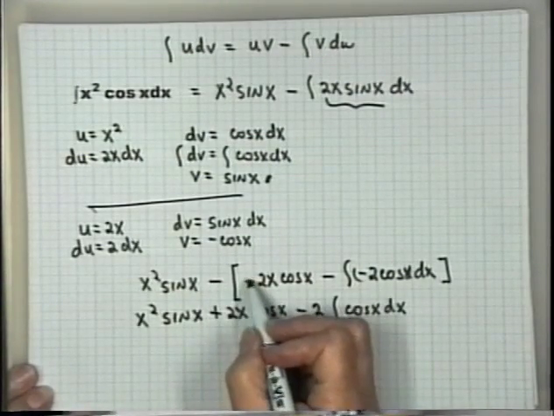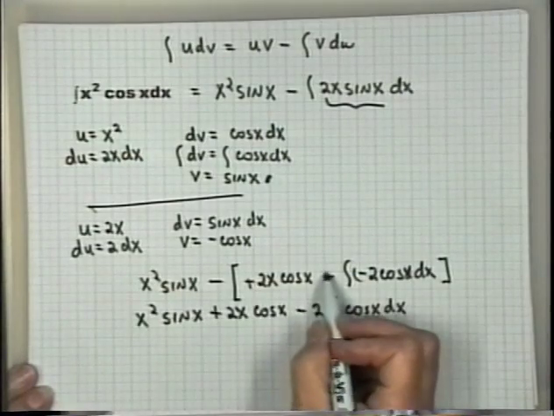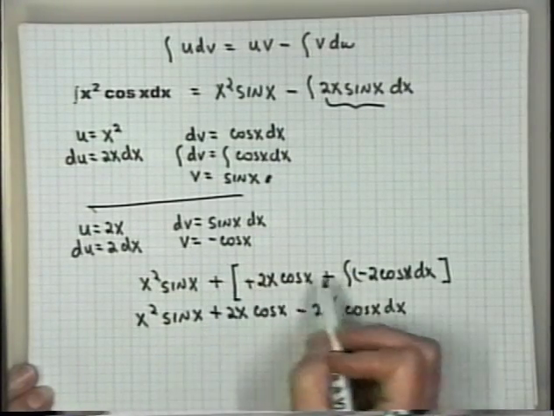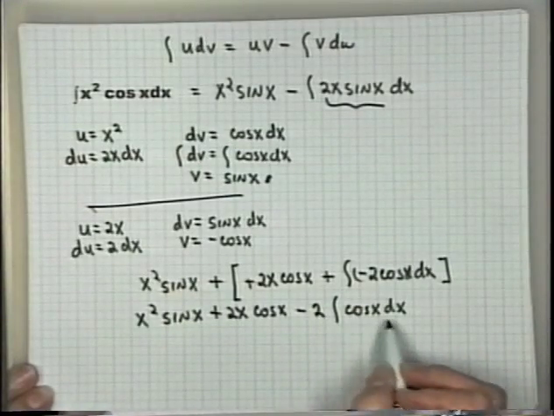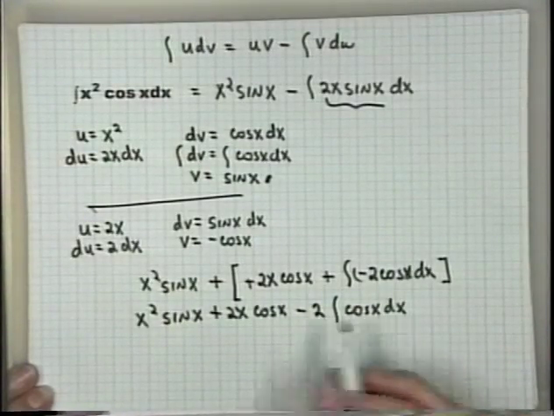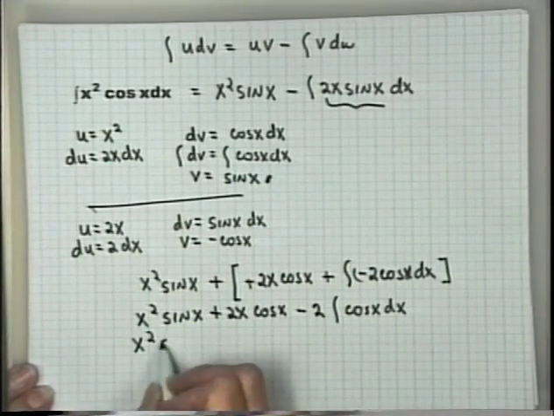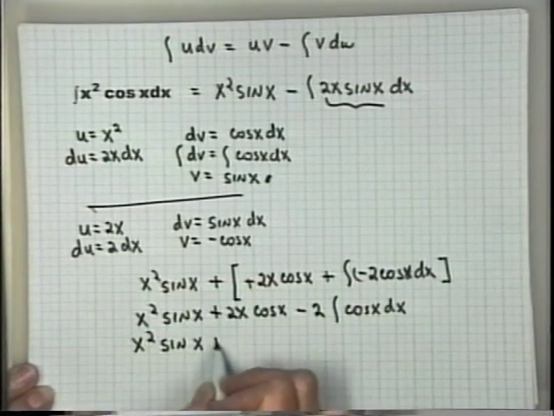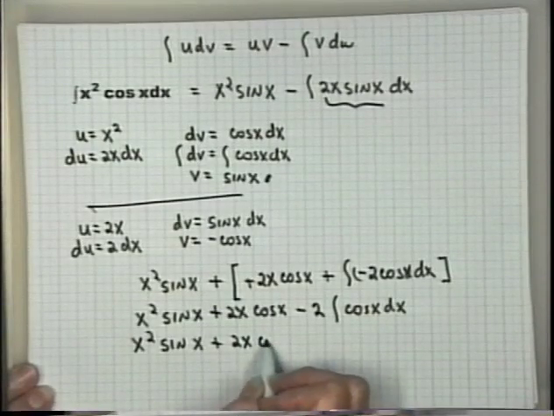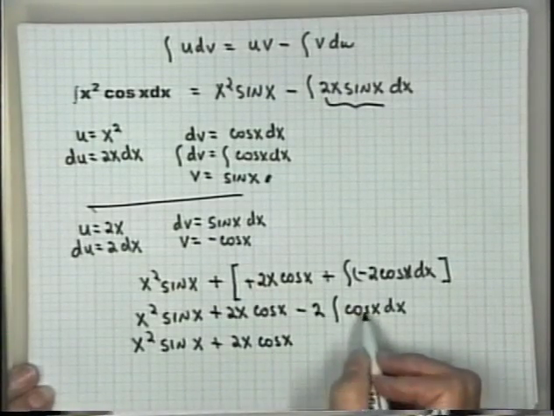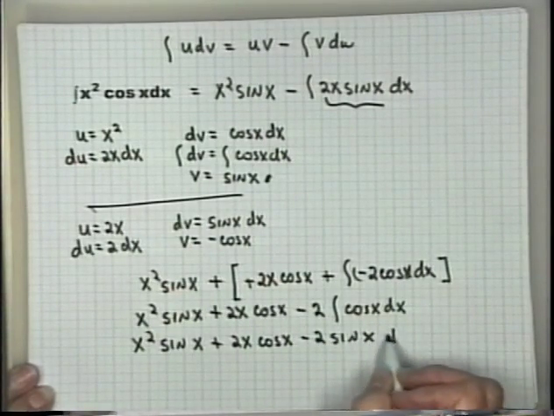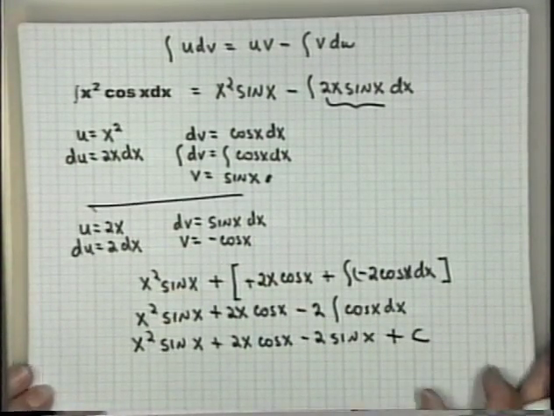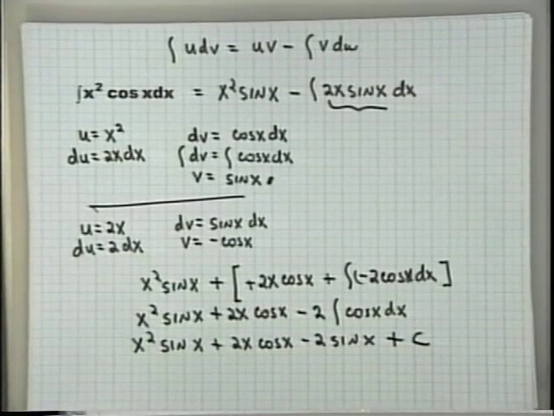The negative distributes here, makes a positive, distributes here, makes a positive, but then we're bringing that negative 2 constant out. Notice I am now down to a simple integrand, so I can finish finding my antiderivative. X squared sine x plus 2x cosine x, and the antiderivative of cosine is sine, so negative 2 sine x. Finally, I have found the antiderivative, and so I'll put my plus c on that final answer.